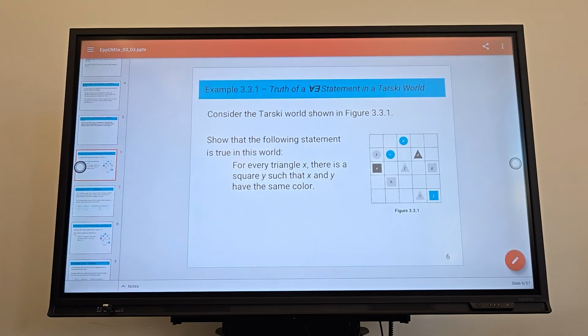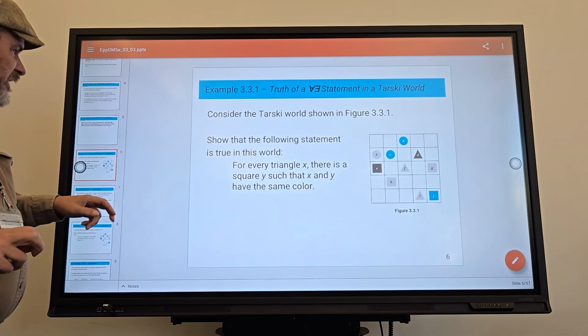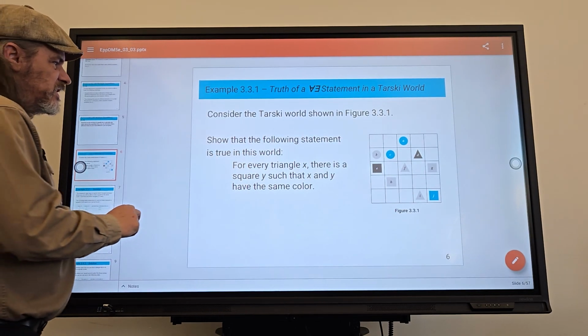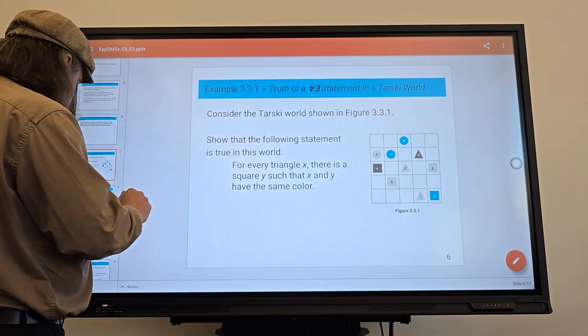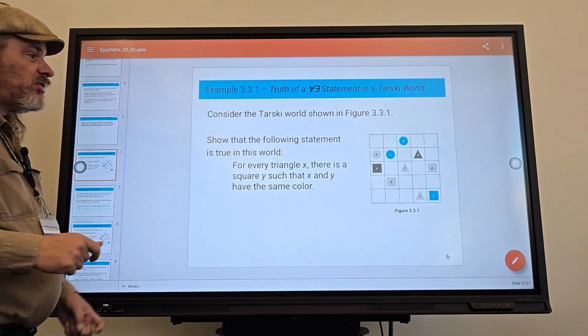I really don't like the Tarski's world examples that they give, so I'm just going to kind of gloss over it. You're kind of required to flip-flop back and forth between the diagram that you're given and the following slides. So I'm going to just kind of skip over this.